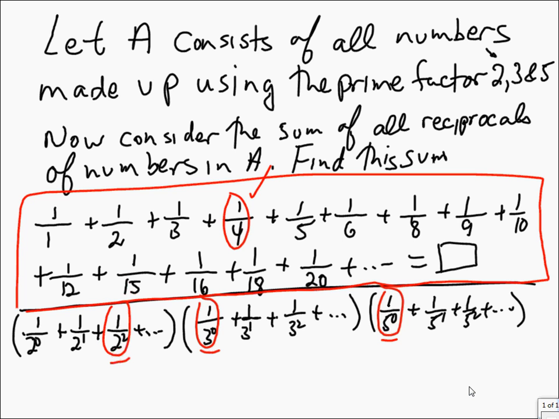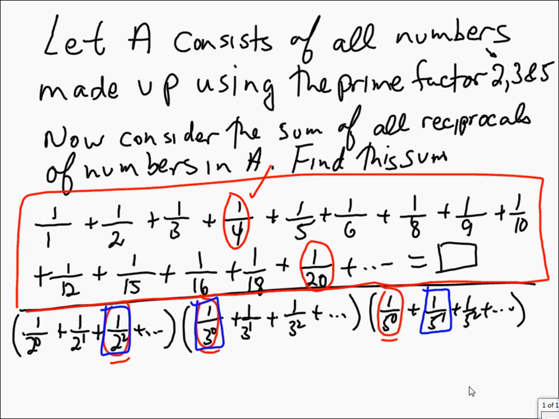If you want to get 1 over 20, you can use 1/4 times 1/5, that's 1/20, times 1. Every term that's in the red will be obtained from multiplying those three in the bottom.